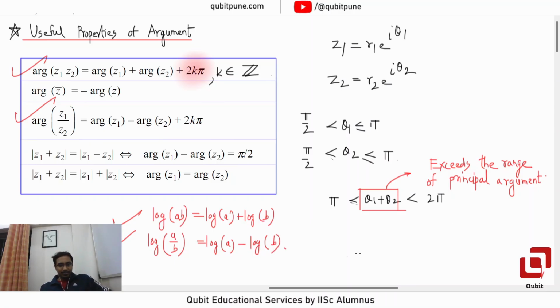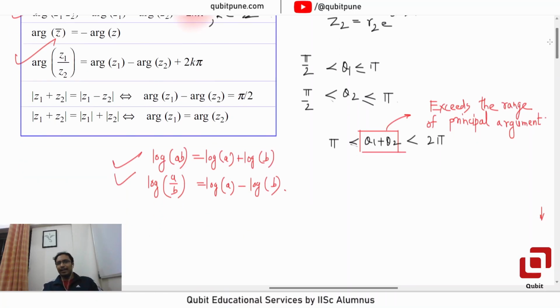Now the other two results are also important. You can come up with as many results as you want, but just for illustration, we have taken these two. When we have mod of z1 plus z2 equal to mod of z1 minus z2, that is a biconditional of argument of z1 minus argument of z2 being equal to pi by 2.